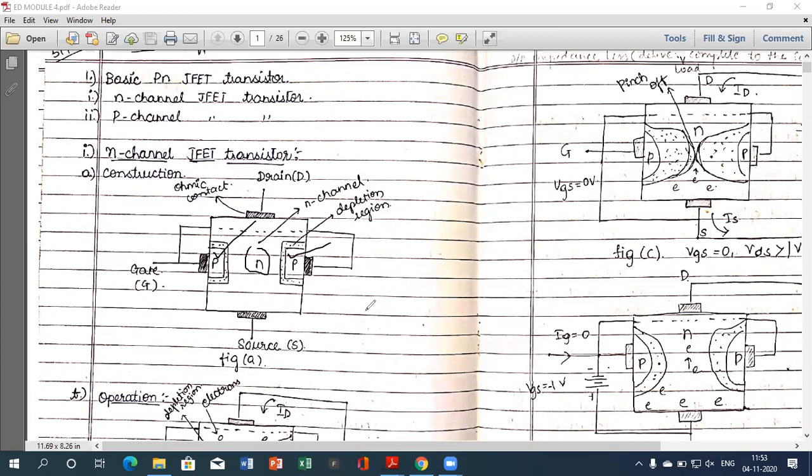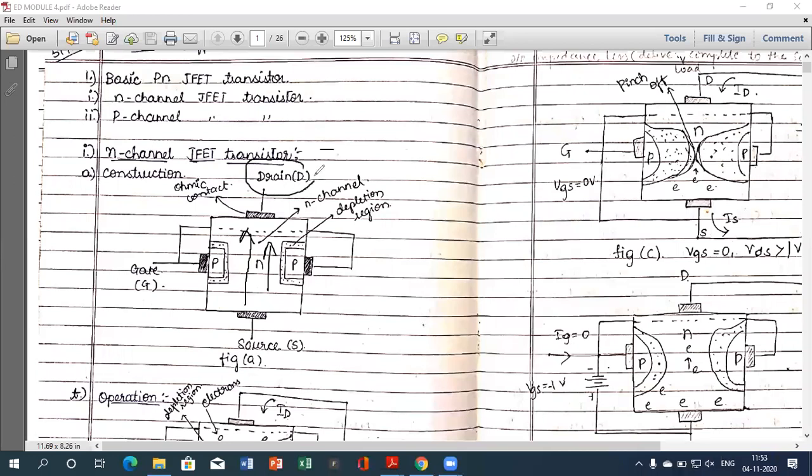We call it a channel made up of N-type material. Hence it is an N-channel, where the electrons flow through this channel to cause the current. Another important thing, we have shown here three terminals.